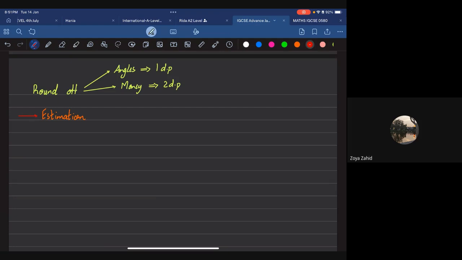Generally, estimation is kind of like rounding off to one significant figure. So estimation is rounding off indeed, but it is rounding off to a certain significant figure, instead of rounding it off to multiples of 10 this time around.